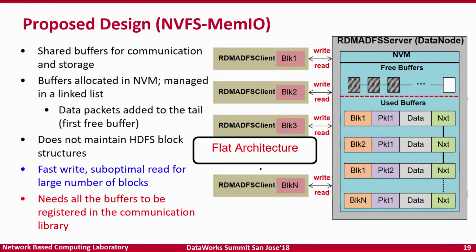This design does not maintain the HDFS block structure, because the client will communicate data into the buffer, and that buffer is directly in NVM, and it's used as is. The disadvantage of this design is that you need all the buffers to be already registered for communication. And again, you have suboptimal read performance, because you need to find the packets of a particular block by scanning the linked list that you have in NVM.